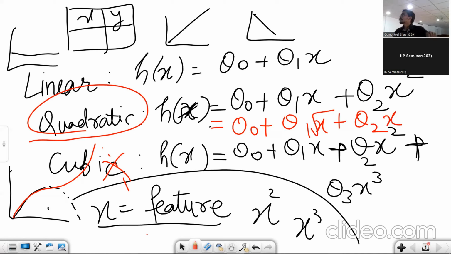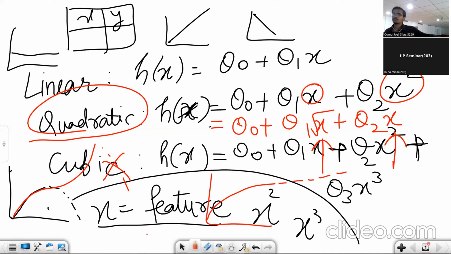What I have done is, instead of x, I'll take the square root of x, and instead of x squared, I will take x. Right? So we are converting it into a square root function. And we know that the square root function also has an increasing graph, somewhat like this. That means it will not come down. For the square root function, the graph will be this way.